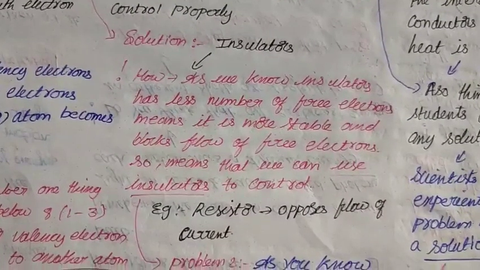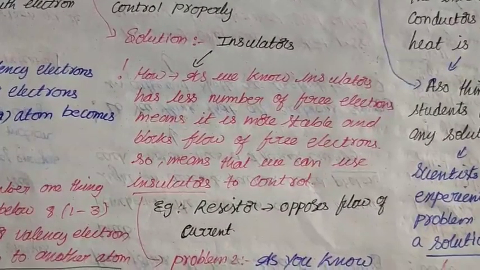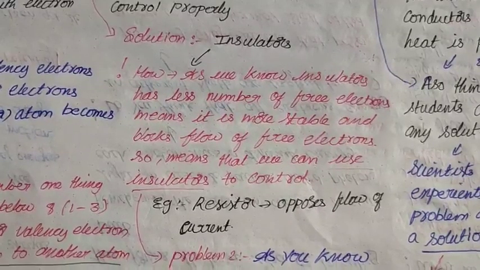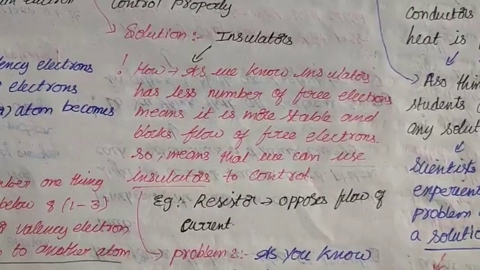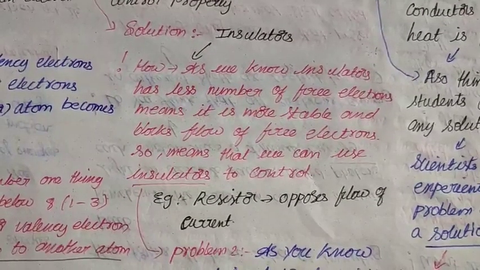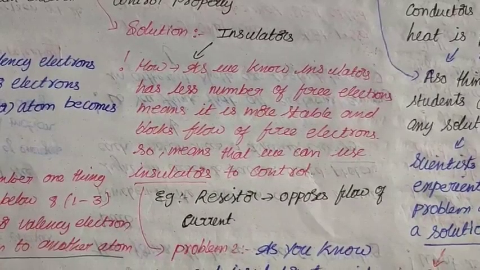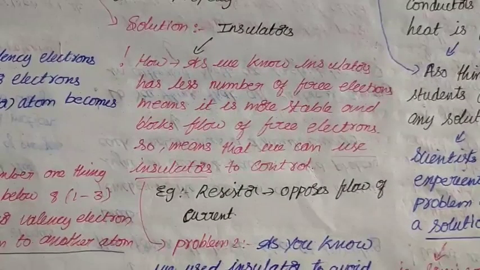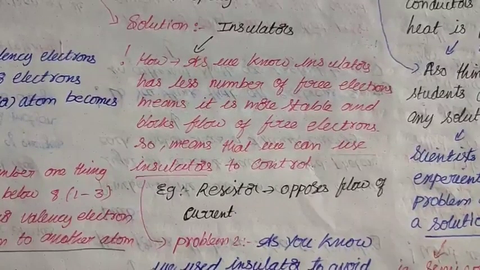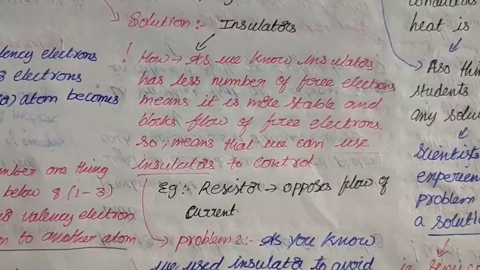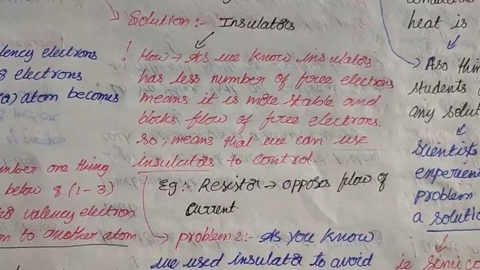But how? As you know, insulators have fewer free electrons, meaning they are more stable and block the flow of free electrons. So we can use insulators to control the flow of current. For example, consider a resistor.